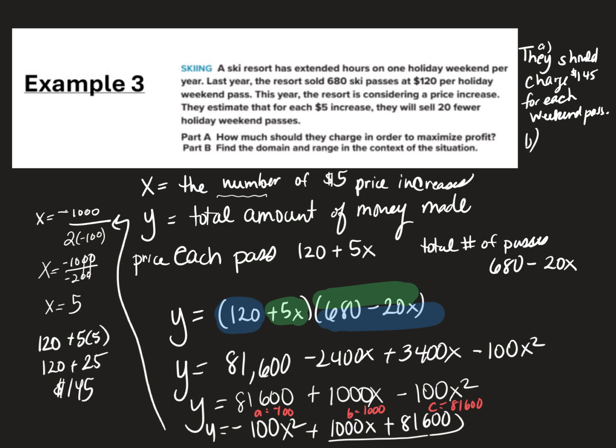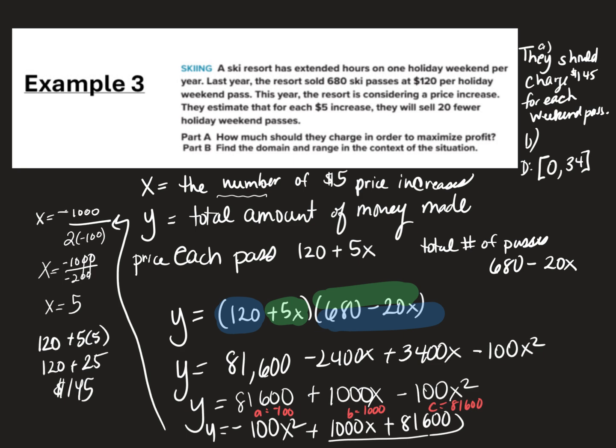Letter B says, find the domain and the range in the context of the situation. Okay, my domain is going to be from 0 to 34.